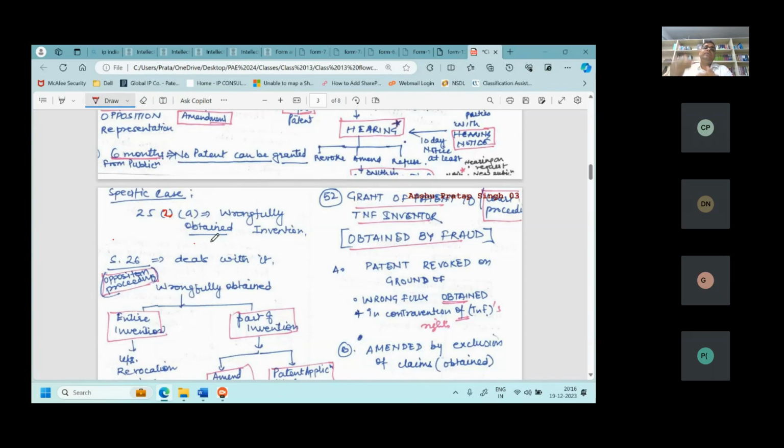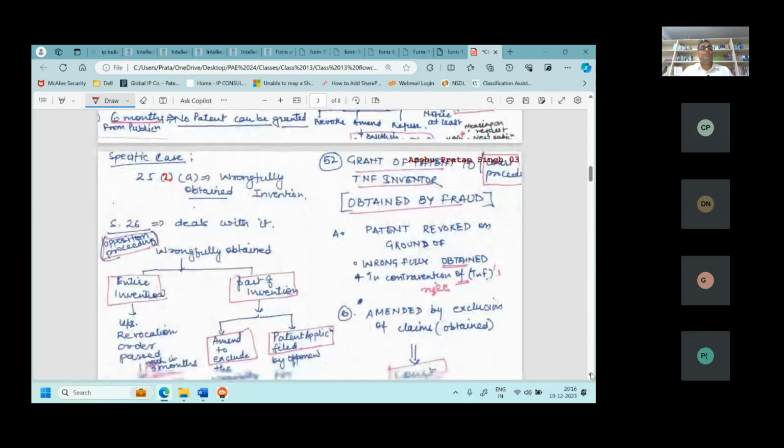But there can be a situation where part of the invention has been taken away, not the entire invention. And if I remove that part, the invention can survive. Then that part of the invention will be asked to be amended so that the patent application survives. So this is how it happens.